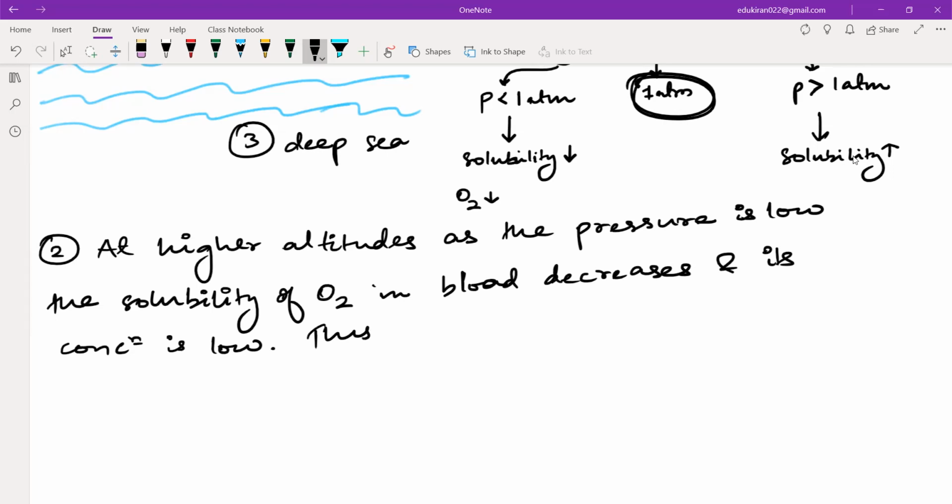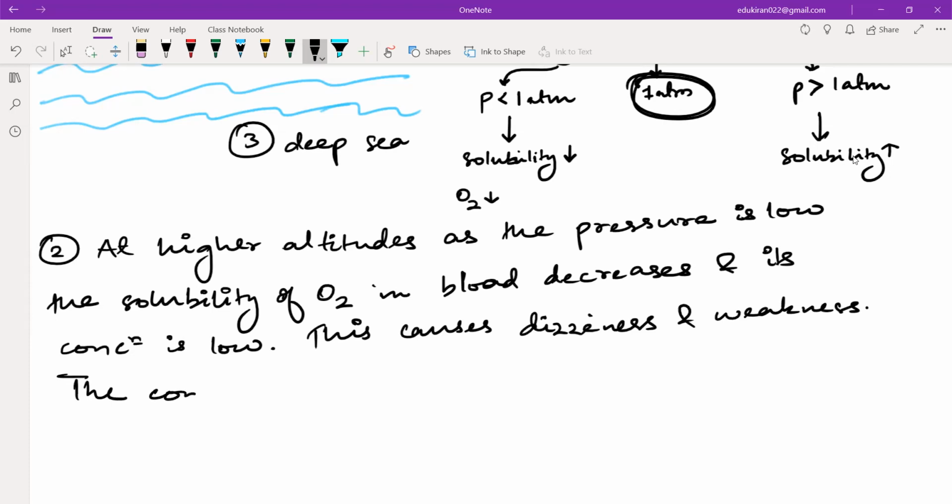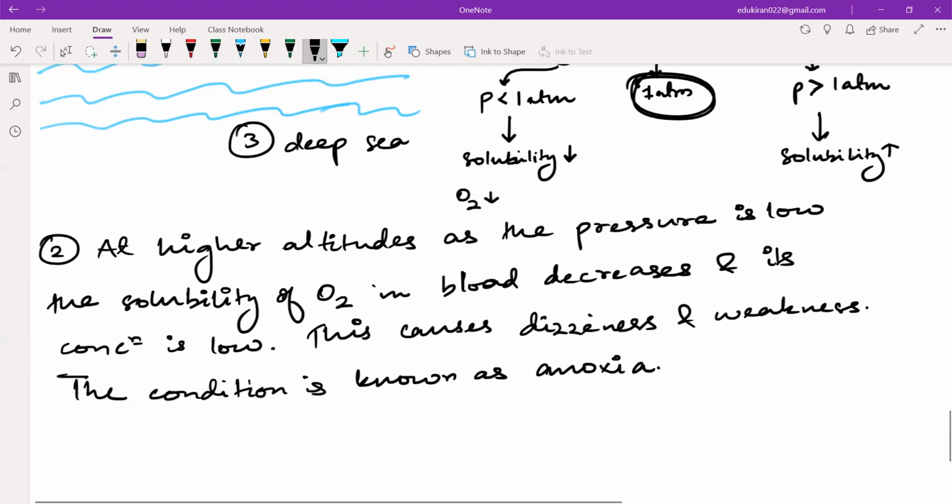Now what does this do? This causes dizziness and weakness. है ना? The condition is known as anoxia. Okay, the condition is known as anoxia. There is also one more word, or altitude sickness.